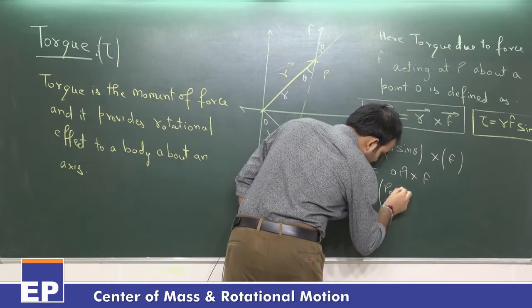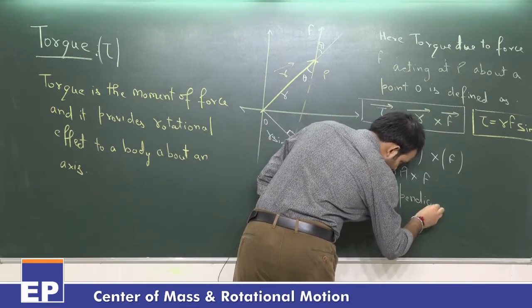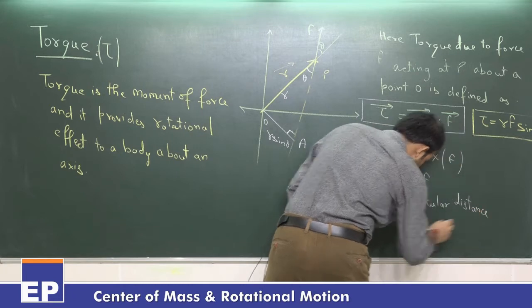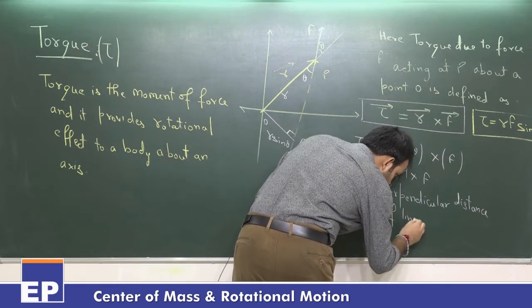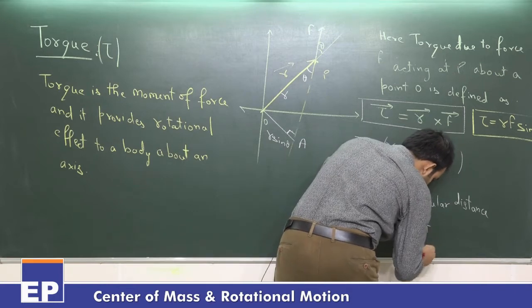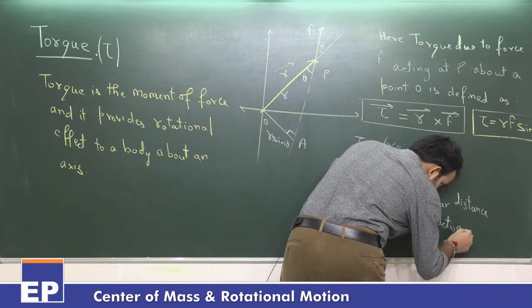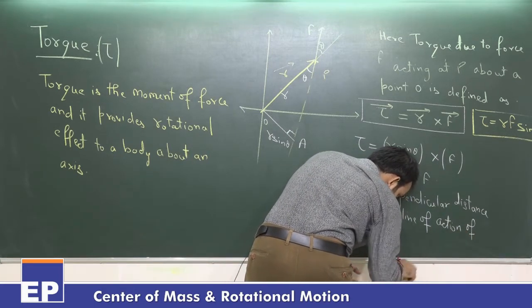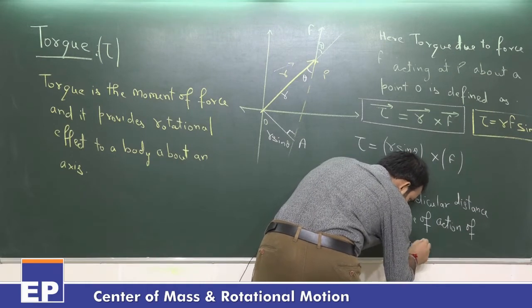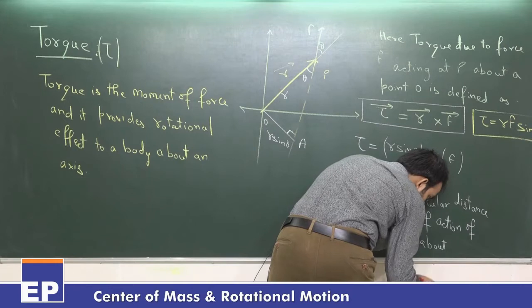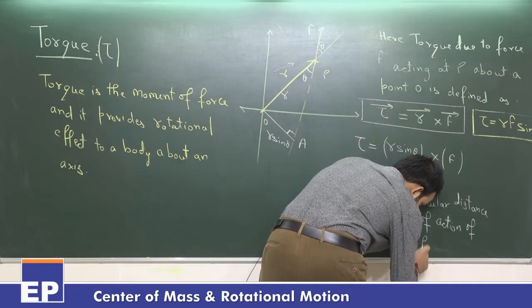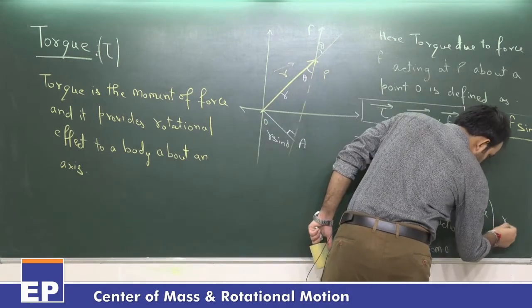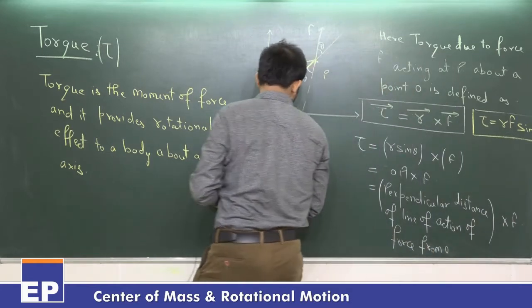That is the perpendicular distance of the line of action of force from O, into F. This perpendicular distance is also called the lever arm.